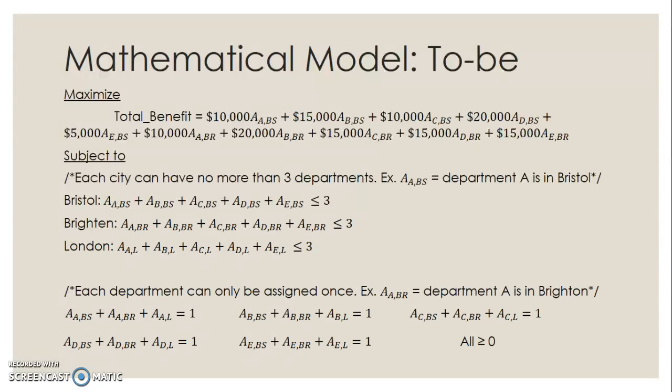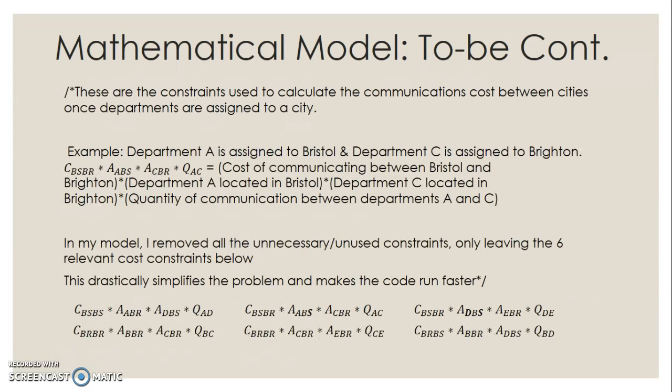To help you understand how I was naming these variables, A sub ABS means Department A is assigned to Bristol. And on the bottom, the second example, A sub BR is Department A is assigned to Brighton.